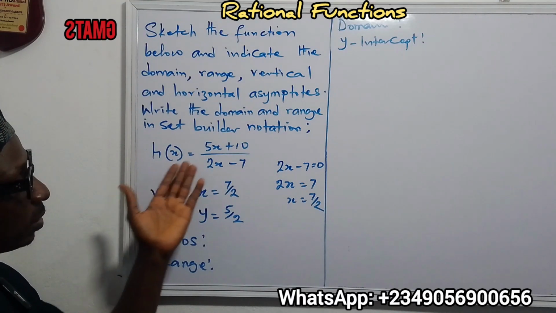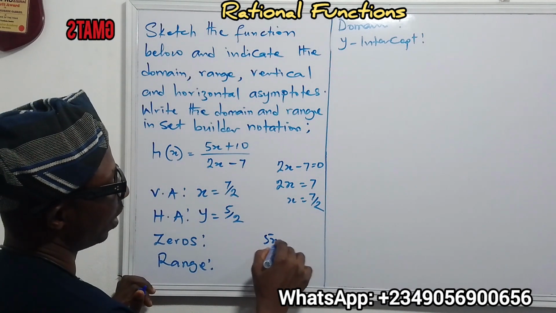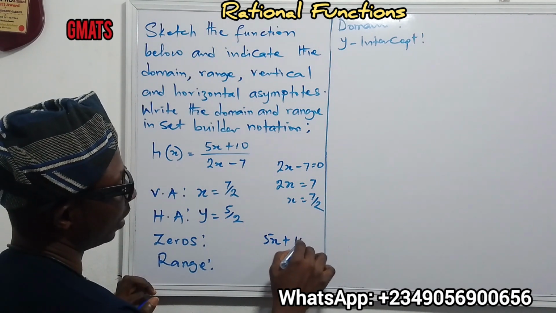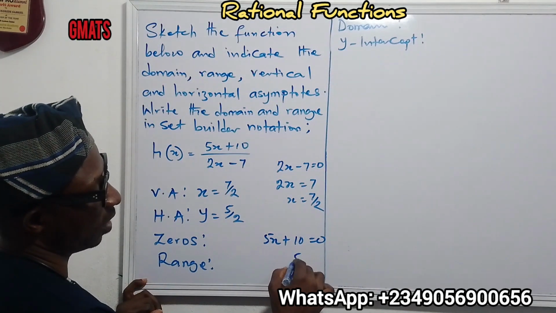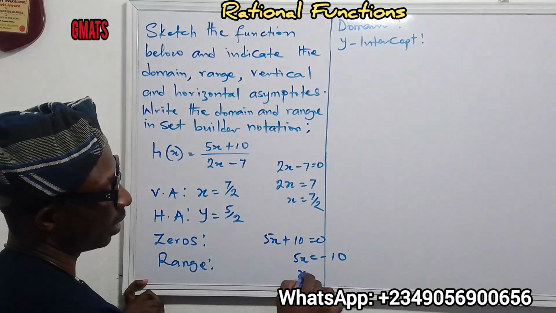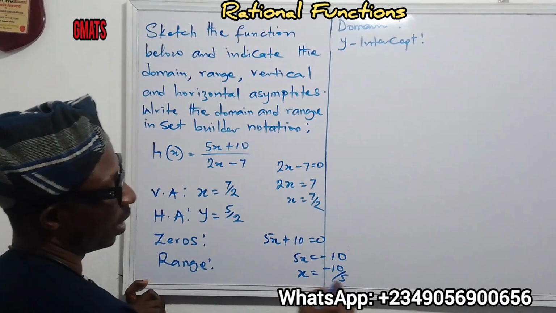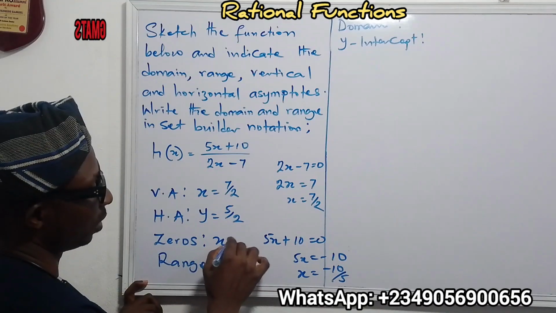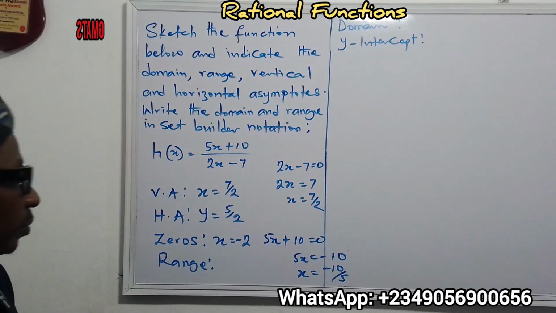If you do that, it's the same thing as saying 5x plus 10 equals 0. So that's the same thing as 5x equals minus 10 and x equals minus 10 over 5. So x equals minus 2. So that's going to be the zero.